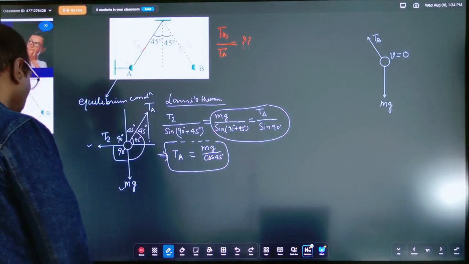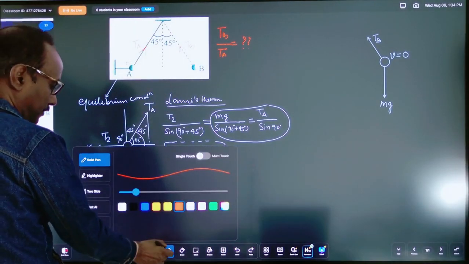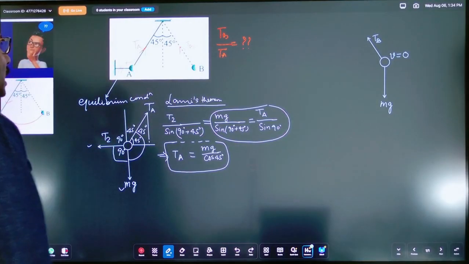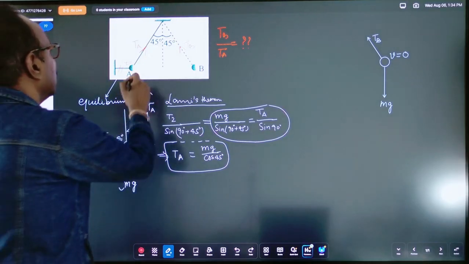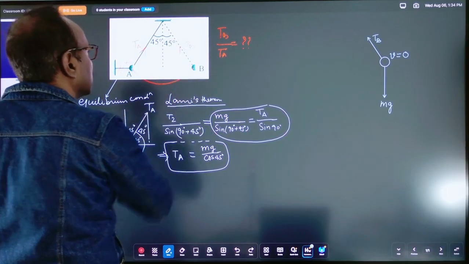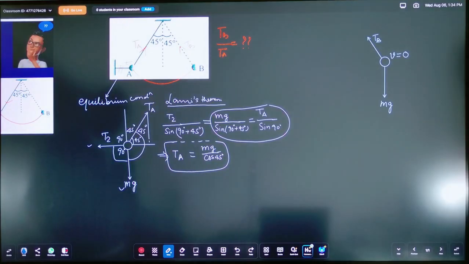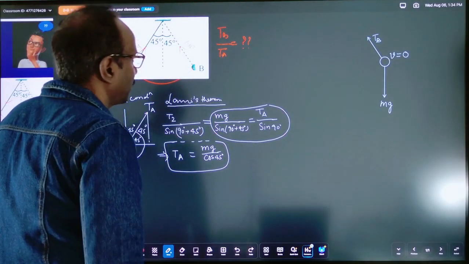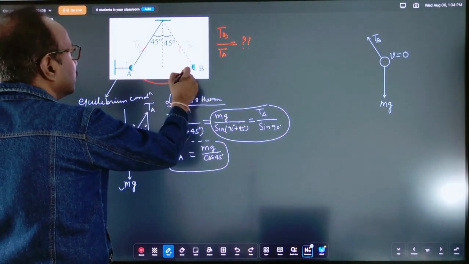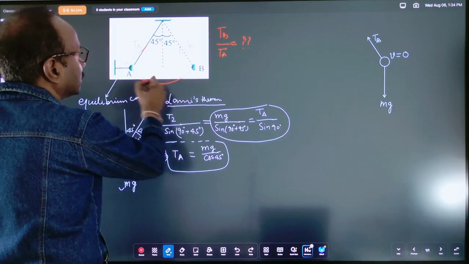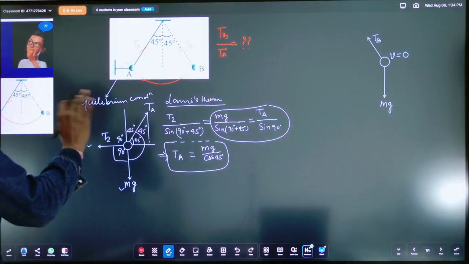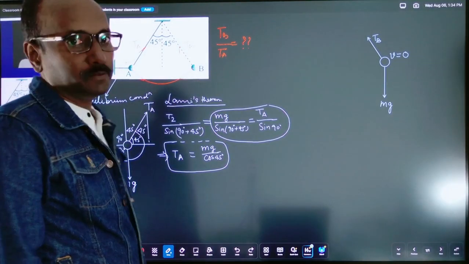In the overall situation, when this thread is cut, the ball moves in a circular arc from A to B, and then it will come back again from B to A. So it keeps oscillating like this because there is no dissipative force available.